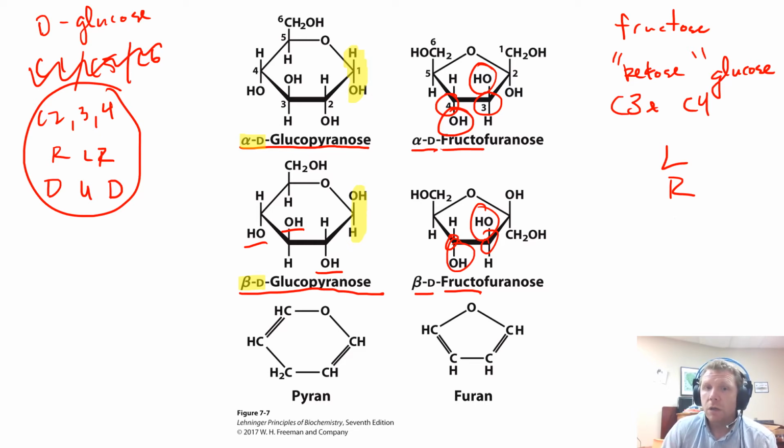So our newly formed hydroxide group, where is that positioned? Well, if that hydroxide group is in the opposite orientation of our CH2OH, which is carbon number 6, then that is an alpha D sugar. If it's in the same positioning, then that is a beta sugar.